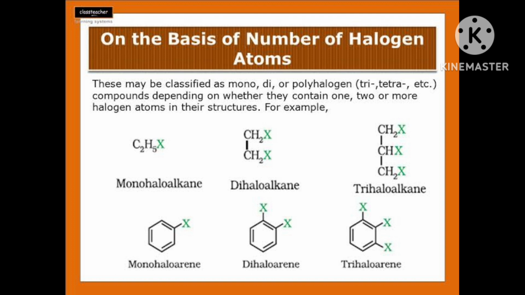So monohalo compounds may be further classified according to the hybridization of the carbon atom to which the halogen is bonded.